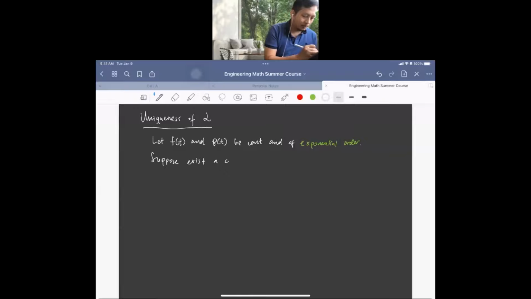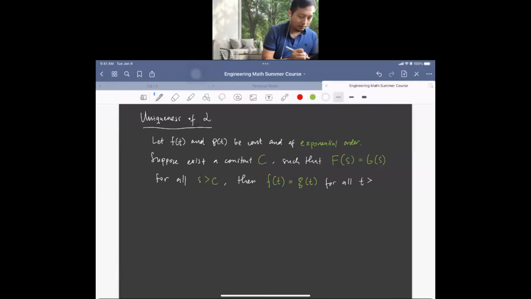Suppose there exists a constant c, or maybe the big C, such that when we Laplace these two, f of t and g of t become capital F and capital G for all s greater than c, then f of t is equal to g of t for all t positive from 0.